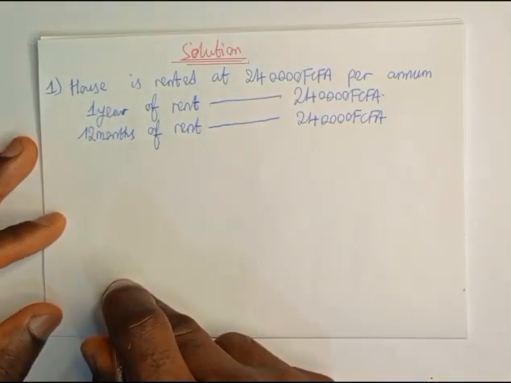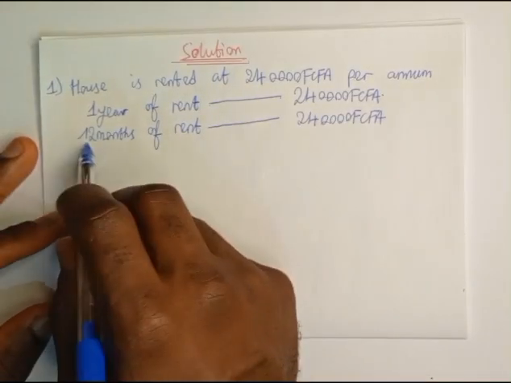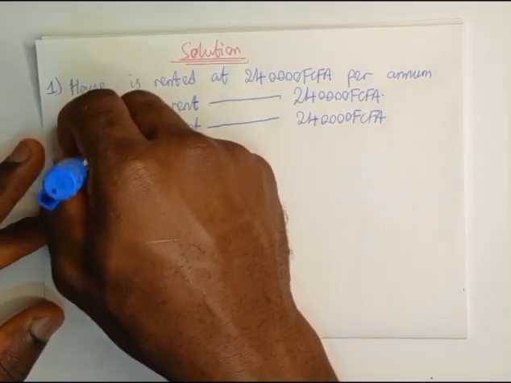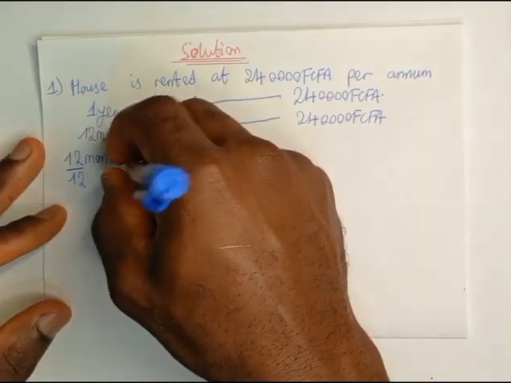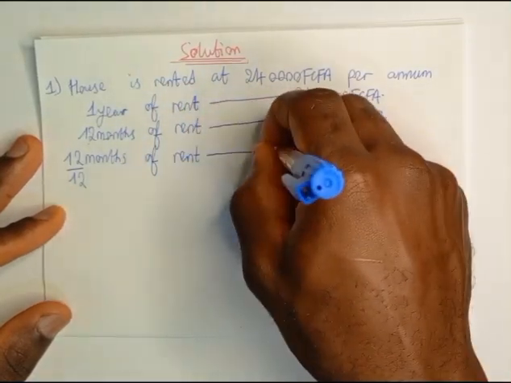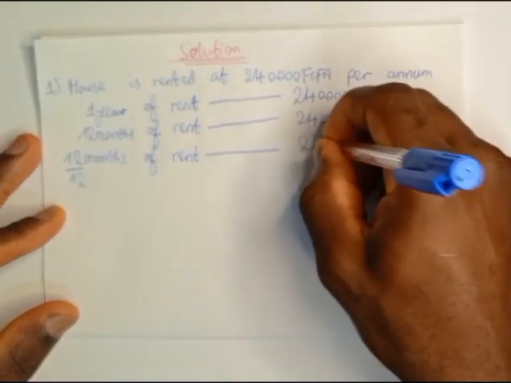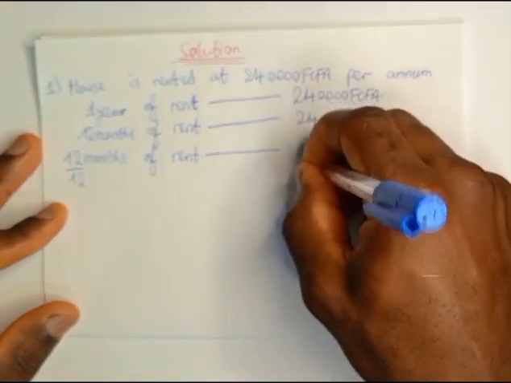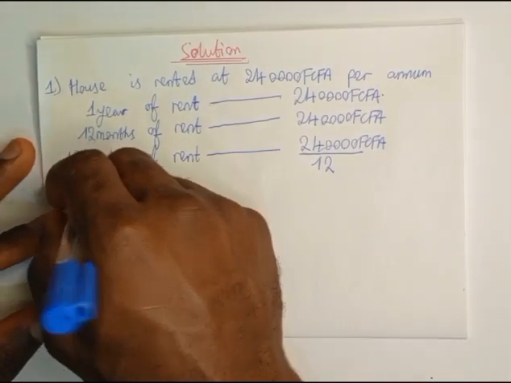For us to get the rent of 1 month, we are going to divide both sides of this proportion by 12, because 12 divided by 12 gives 1. 12 months divided by 12 of rent of the house is 240,000 francs CFA divided by 12. 12 divided by 12 gives us 1.